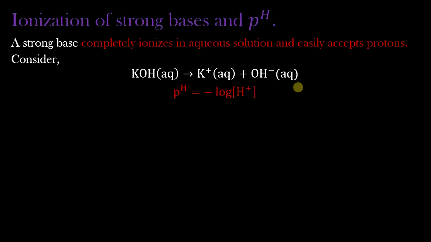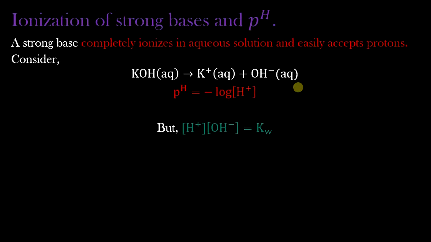And we have pH given by negative logarithm of molar concentration of hydrogen ions. But in this case, we don't have hydrogen ions from this ionization, which means we need to work it out. We have a relationship that the product of the molar concentration of hydrogen ions and that of hydroxyl ions is equal to Kw, the ionic product of water.